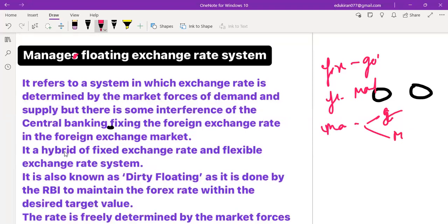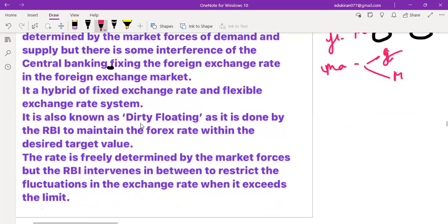So it is a hybrid, a mixture of the fixed exchange rate and the flexible exchange rate. It is also known as dirty floating, as it is done by RBI to maintain the forex rate, the foreign exchange rate, within the desired target value. Sometimes they manipulate the prices according to their need, so that's why it is known as dirty floating.